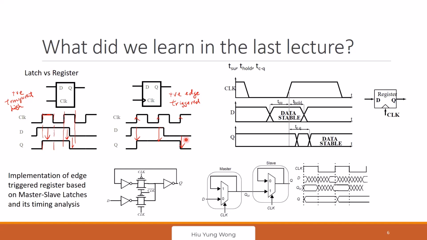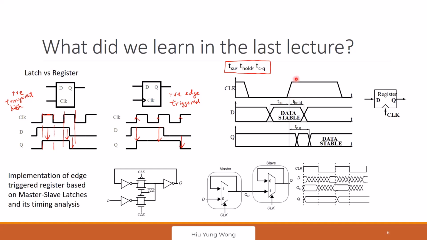Now, in particular for the edge trigger register, we have three very important quantities. We call them the setup time, hold time, and T to Q. What is setup time? From here you see that when the clock goes up, we are going to copy the data. So when does the data need to be ready?